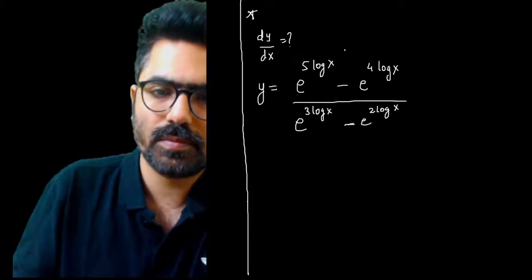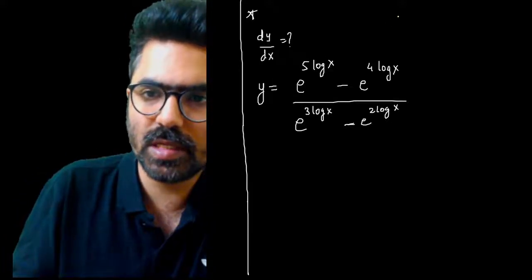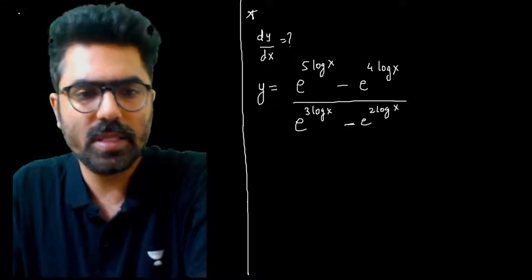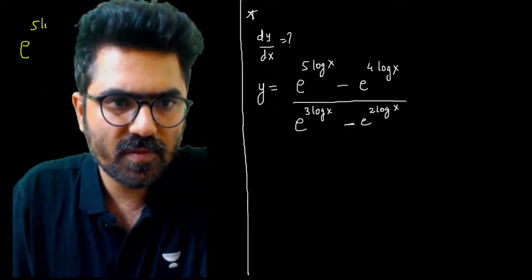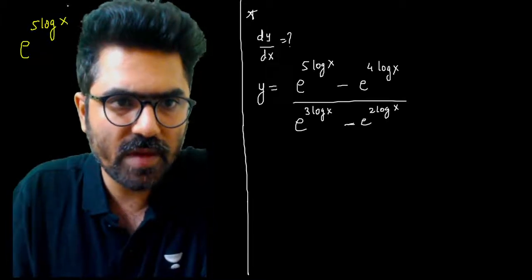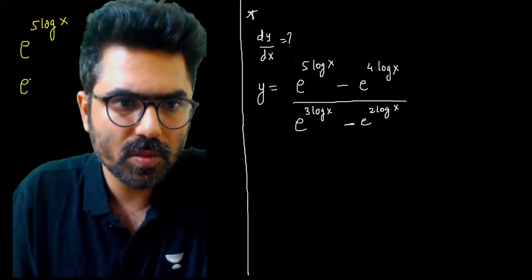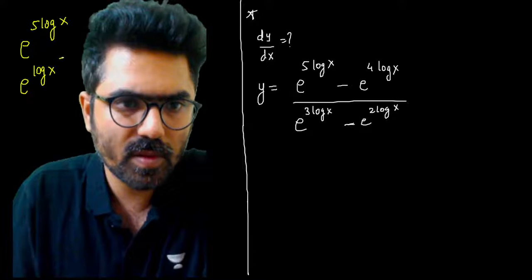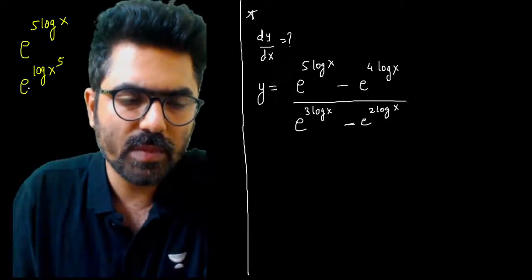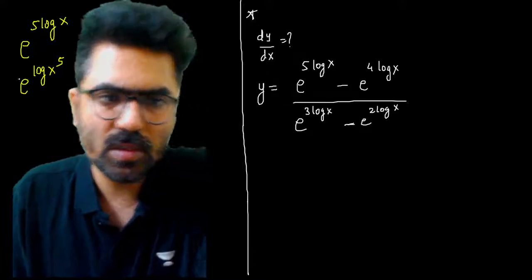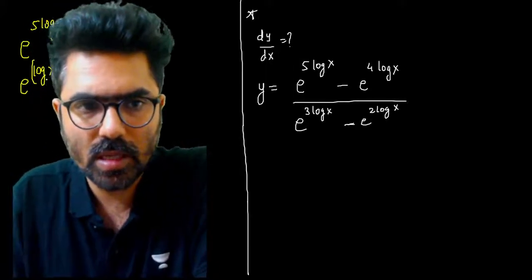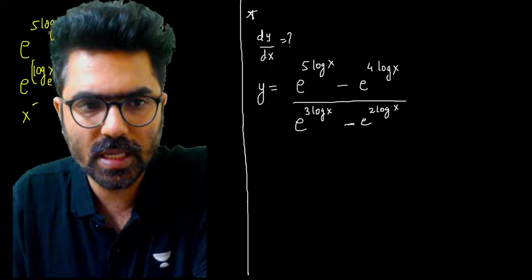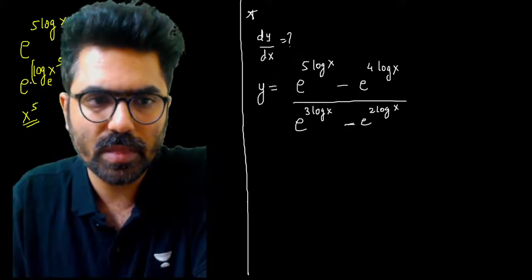Fine. This e power 5 log x can be written as, look at this side, e power 5 log x. This 5 can be taken in the power. So e power log of x power 5. So as I mentioned, whatever is in the power of e, and if log is there, you can write the same thing as x power 5 by the property.